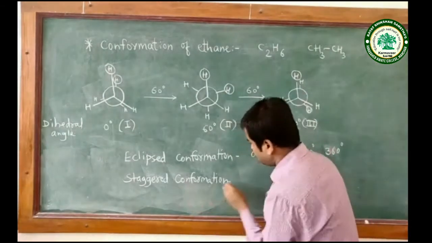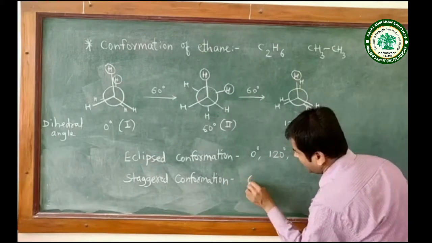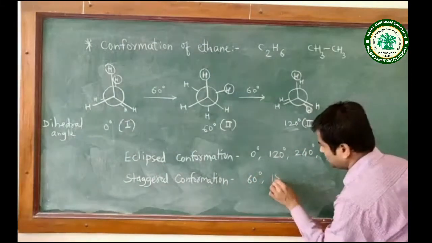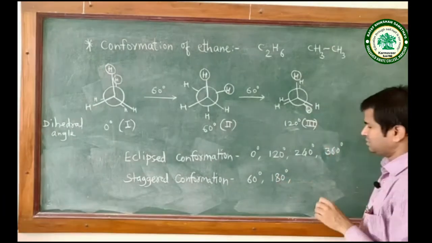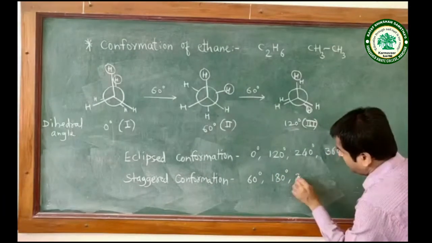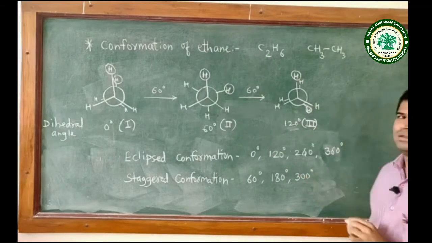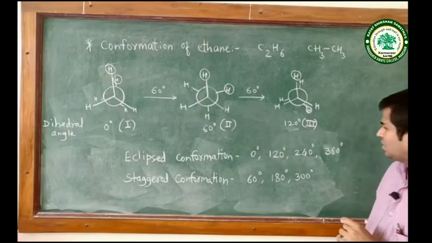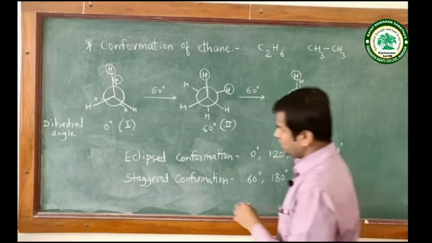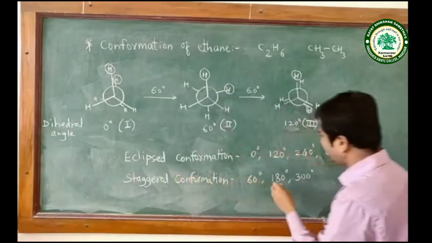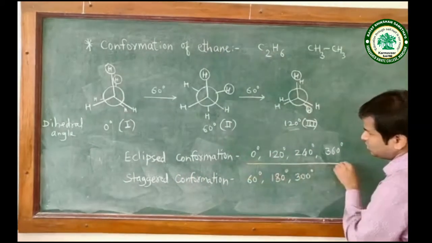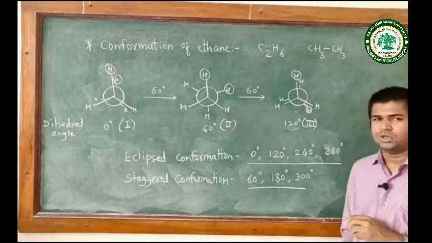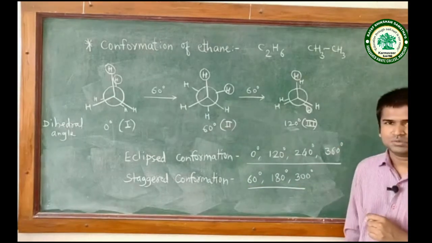While the staggered conformation is observed at dihedral angle 60 degree, 180 degree and 300 degree. Getting this? Okay. So we get total 7 structures, 4 of eclipse conformation and 3 of staggered conformation.